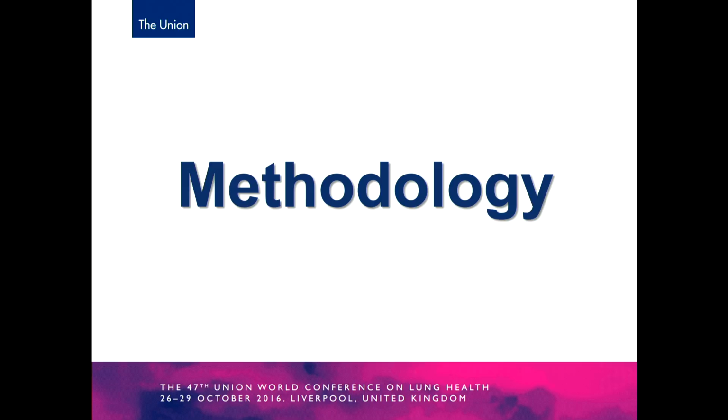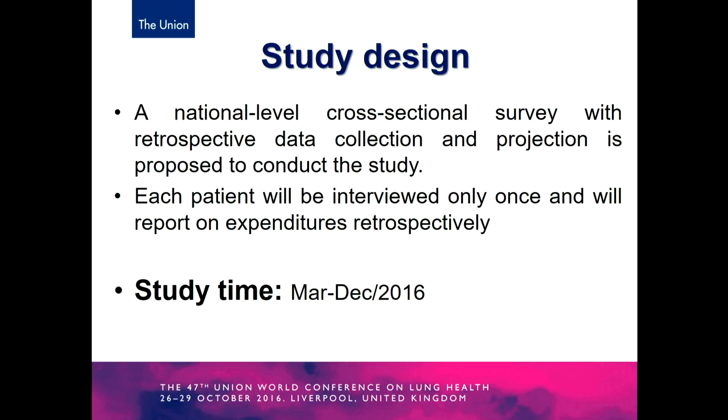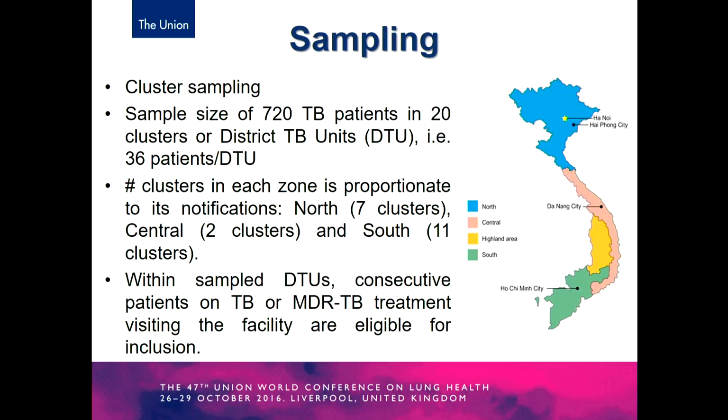We applied the guidance of the global team, and we did a cross-sectional survey at national level with 20 clusters selected in the whole country, and each cluster includes 36 patients, all identified from district TB units.